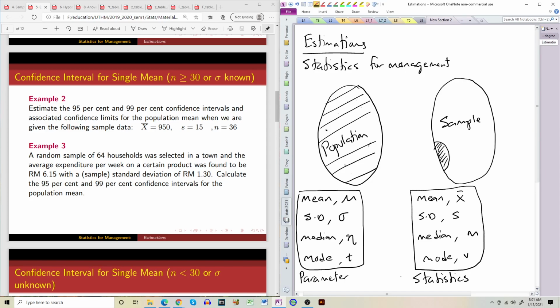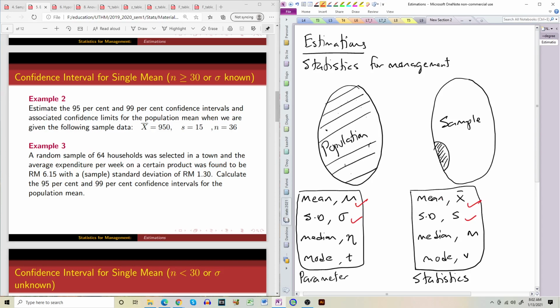This is one thing I want you to remember. In this chapter we will only focus on mean and standard deviation. Alright, so based on this we are going to do chapter 5.